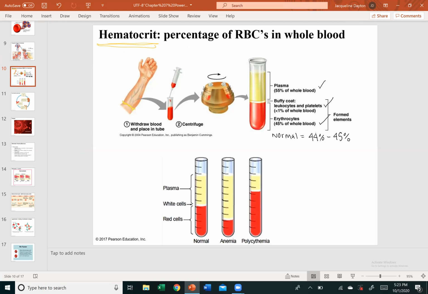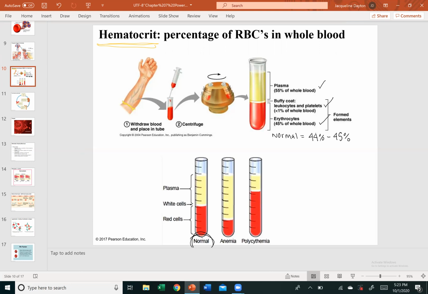So women are constantly making more blood to supply the needs of their body for reproductive purposes, okay? So keep in mind that your normal percentage of red blood cells, or your normal hematocrit, is about 44 to 45.